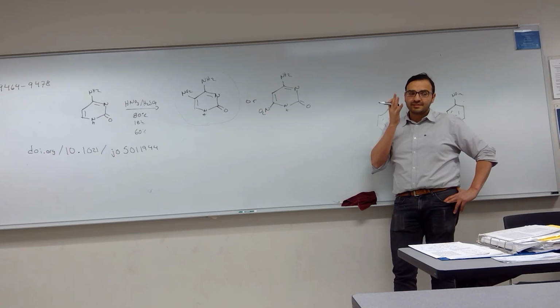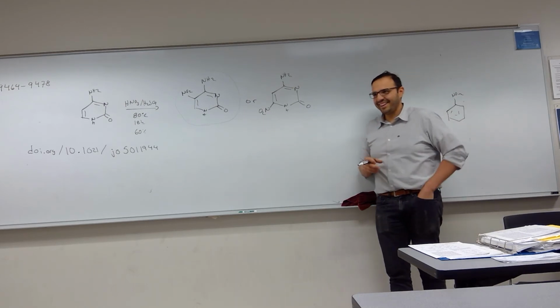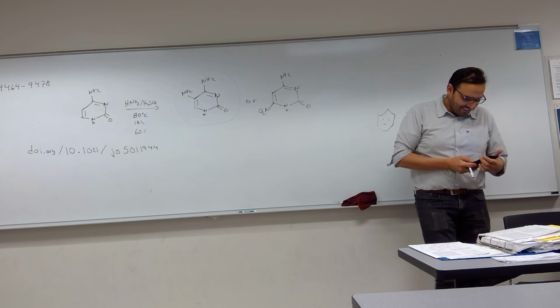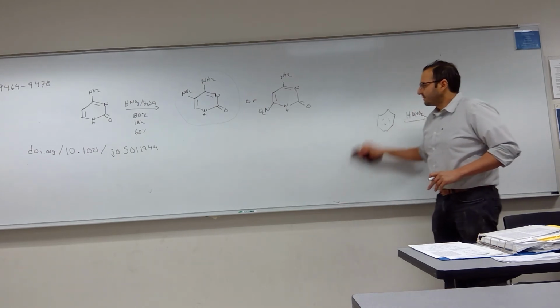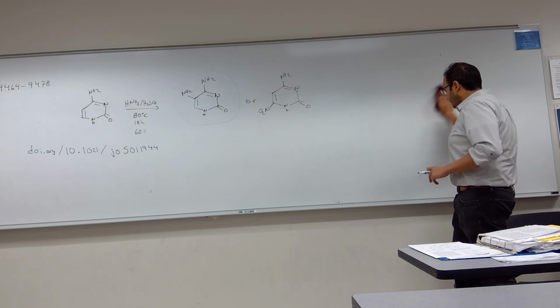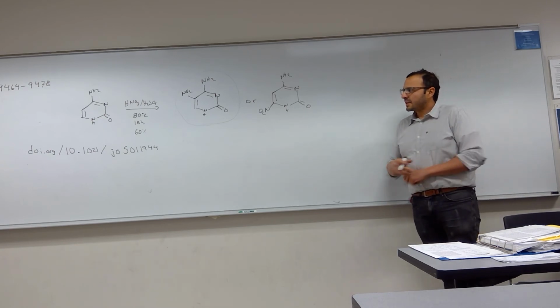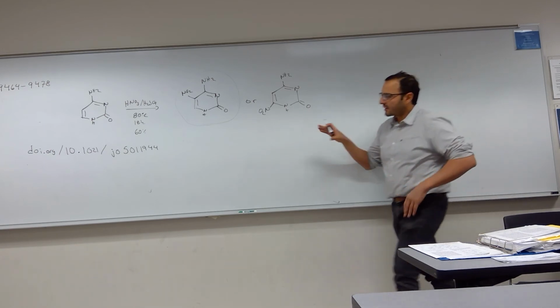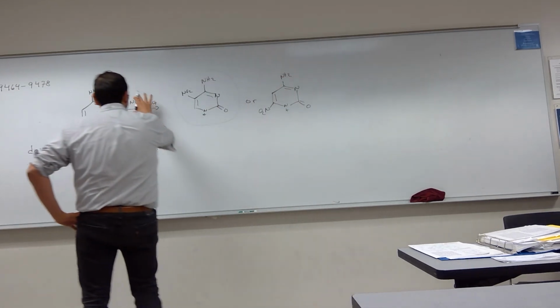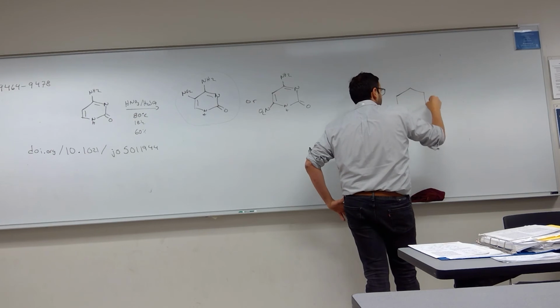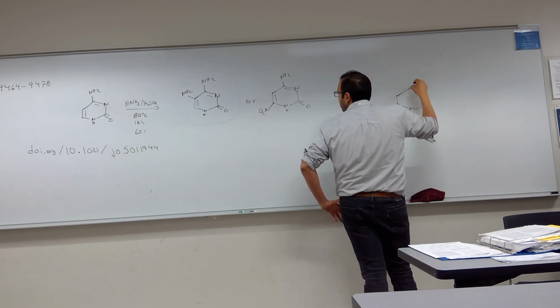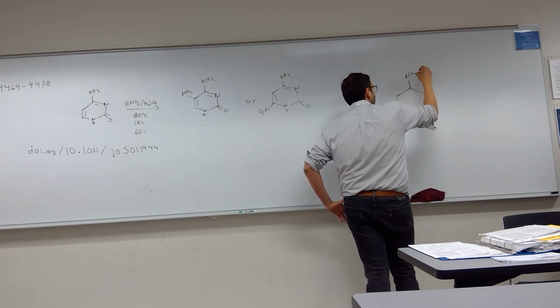Yes? You guys sure? Alright, so I really don't have enough time for it. So how would you go about doing this? Electrophilic aromatic substitution, let's just treat it with an electrophile. Two options.